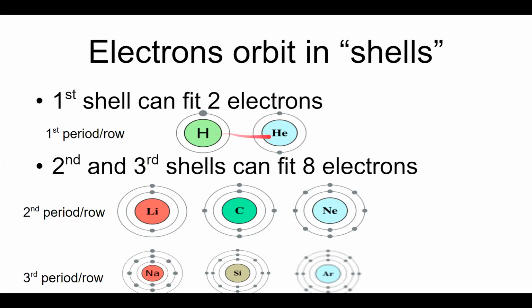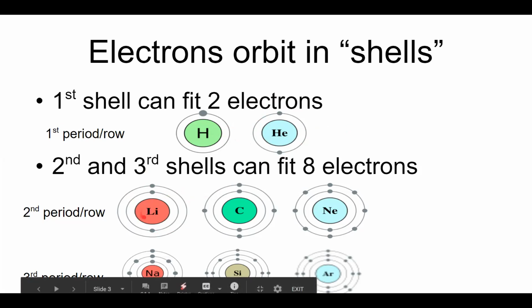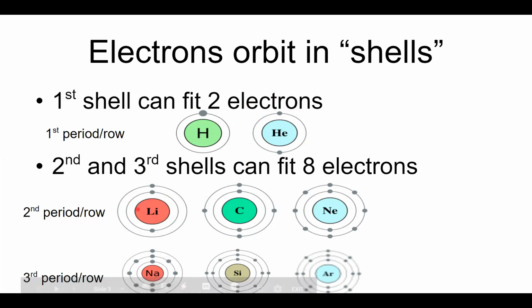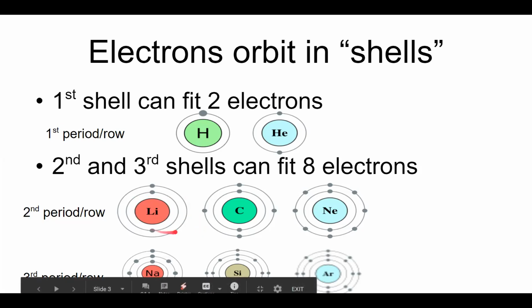So hydrogen and helium are the first 2 atoms on the periodic table. Lithium is atom number 3. Since he's atom number 3, his atomic number is 3, which means he has 3 protons, which means he has 3 electrons. So we start adding electrons around lithium.